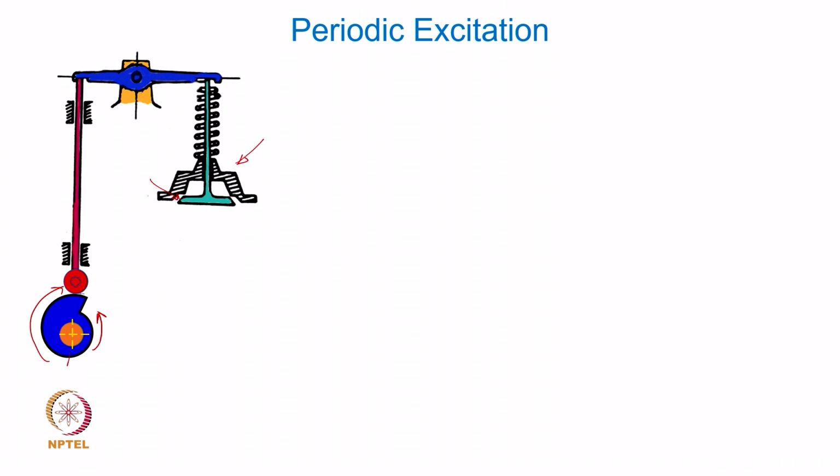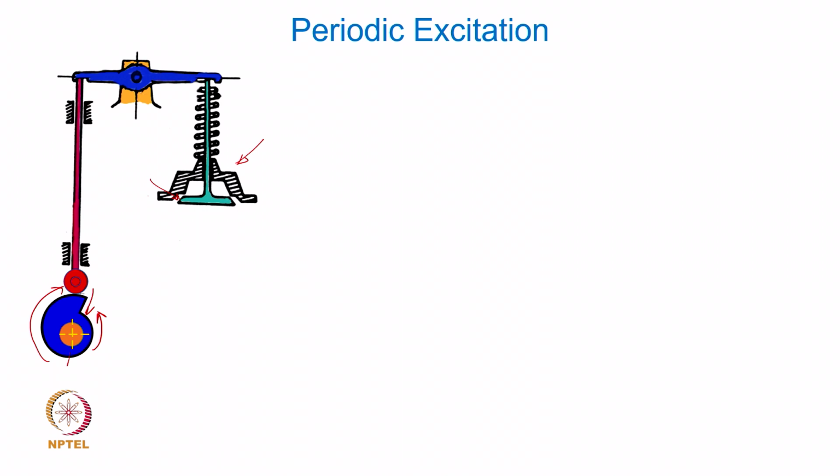Then during the compression stroke we expect the valve to close as fast as possible. So there will be a sudden closure of the valve, and then no movement of the valve till the next cycle begins, right. This is typically the requirement from this cam and follower mechanism.